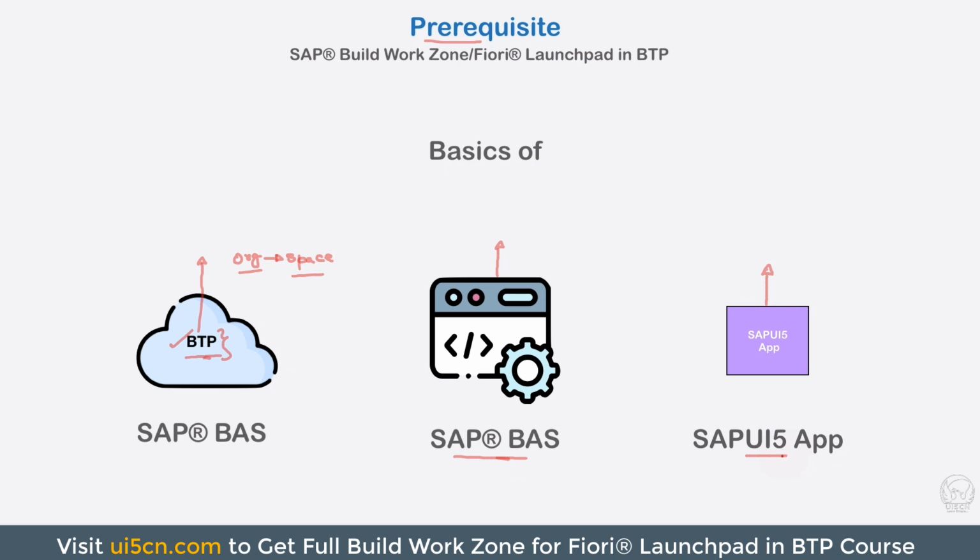There will be instances where we will still be working with files which are associated with SAP UI5 app. So a basic understanding of SAP UI5 application development is required. And if you want to learn more about SAP UI5 application development, then our SAP UI5 2019 professional development course is highly recommended.